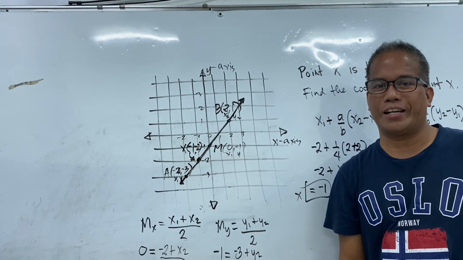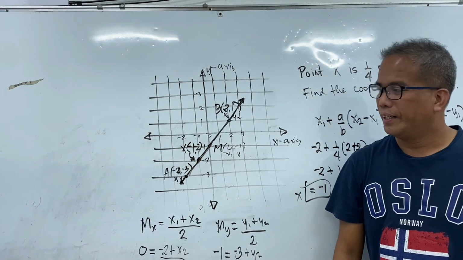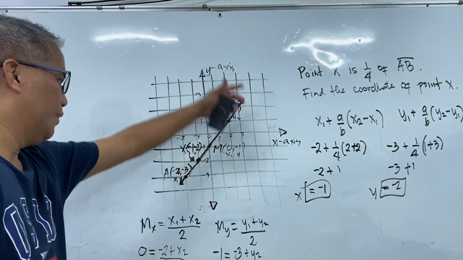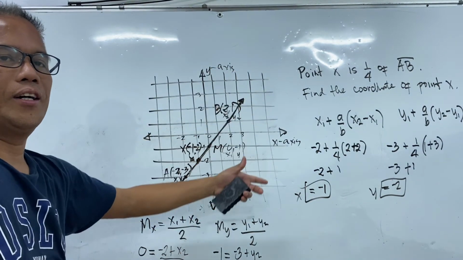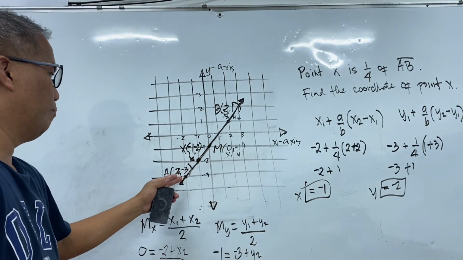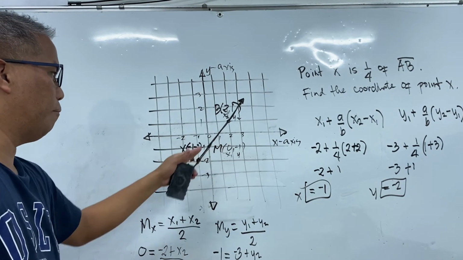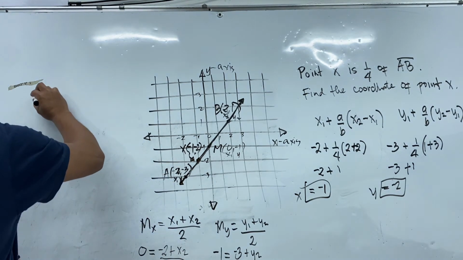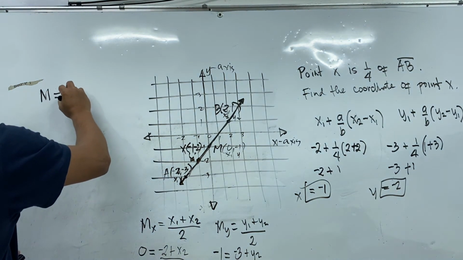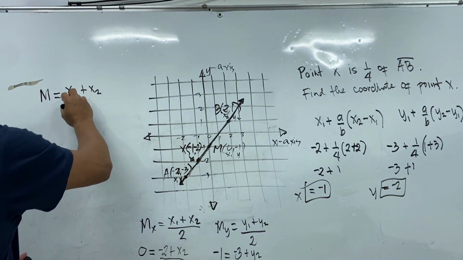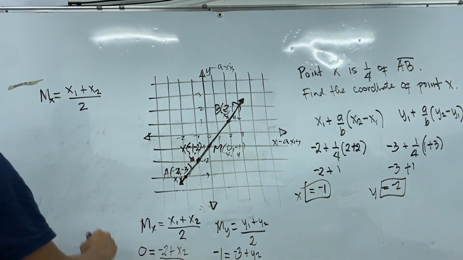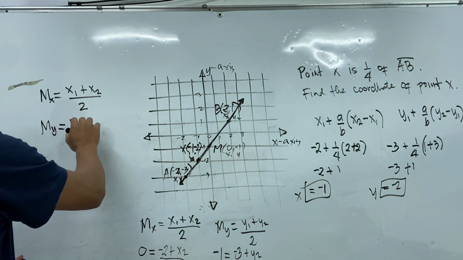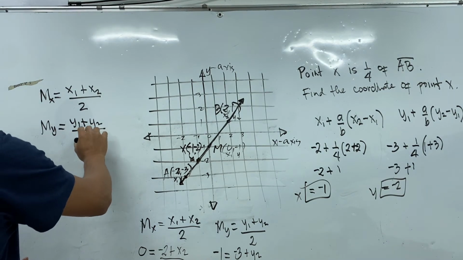Okay guys, I hope you learned something about this video about the Cartesian plane and linear equations. Another thing is about this figure. To find the midpoint of this segment AB, you can use the formula here. Midpoint is equals to X sub 1 plus X sub 2 divided by 2. So midpoint of X, then midpoint for Y, M sub Y equals Y sub 1 plus Y sub 2 divided by 2.